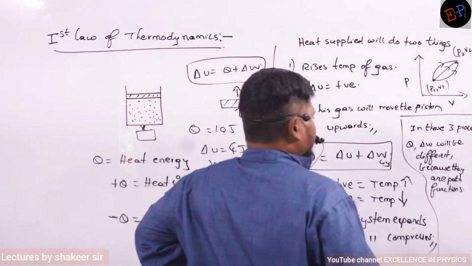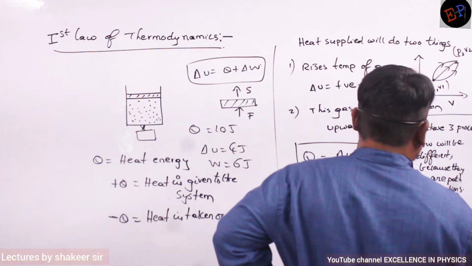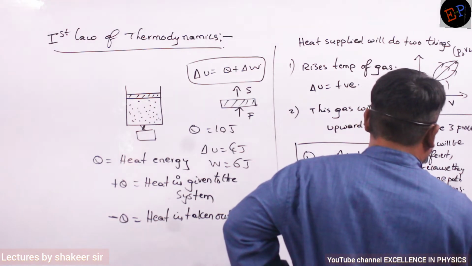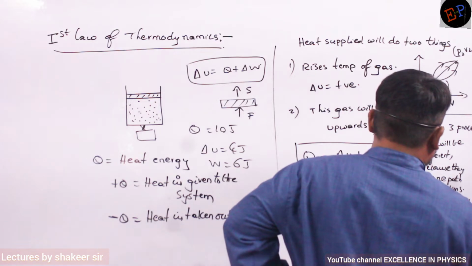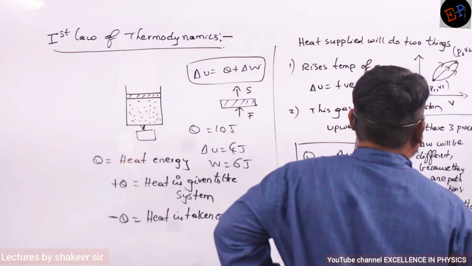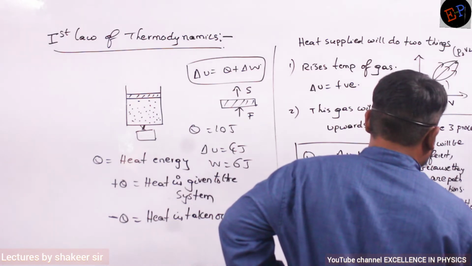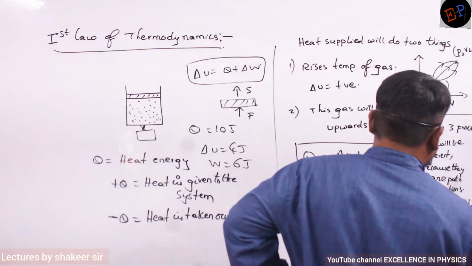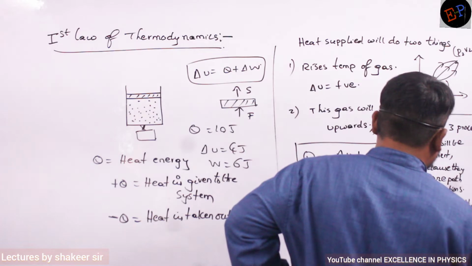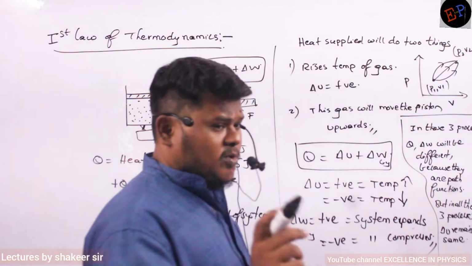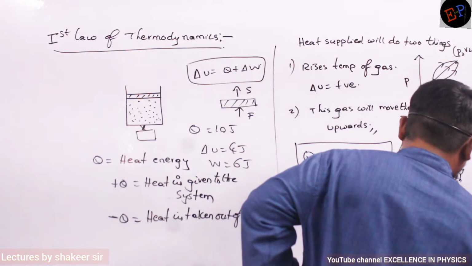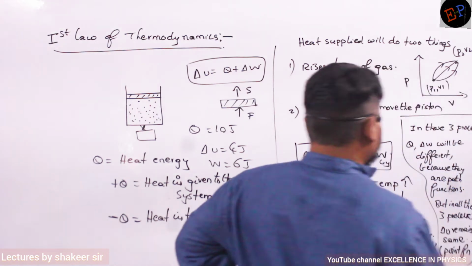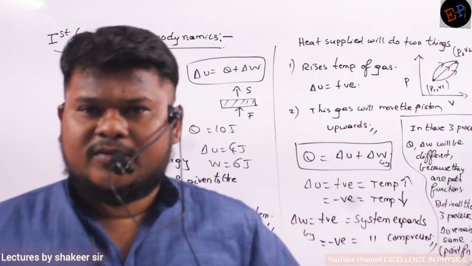But in all the three processes, which one is the same? Delta U remains the same. Why? Because it is a point function. That is the point which you should remember.